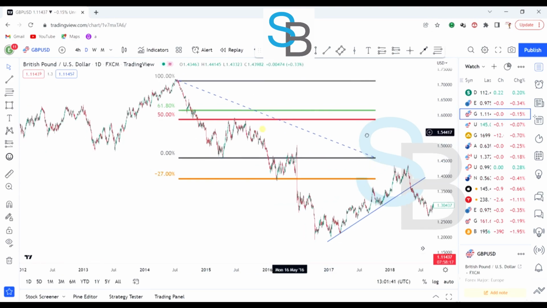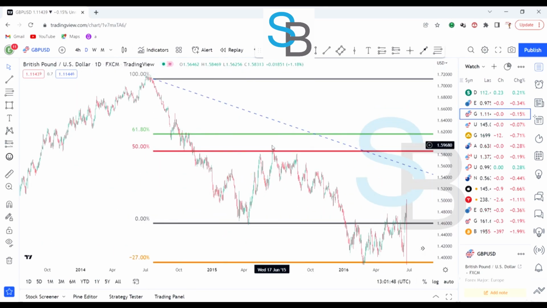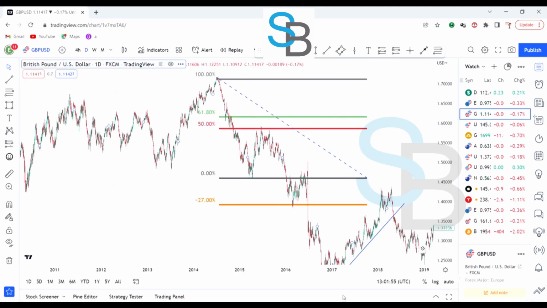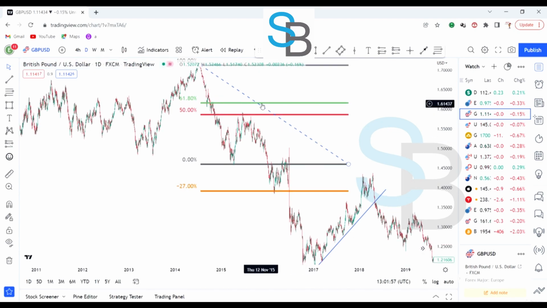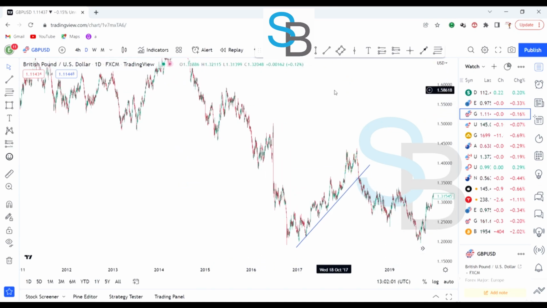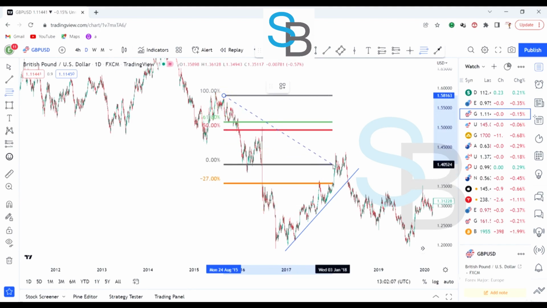And we also see that I think we have a head and shoulder. We have a head and two shoulders, right? So this would have been a very good opportunity for us to continue selling. We have here to here.